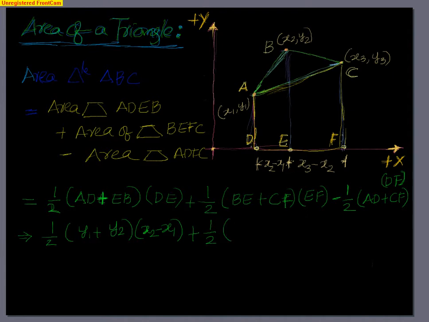BE is nothing but the vertical distance of x2 y2, that's y2, plus what is CF? CF is the y coordinate of x3 y3, that is y3, into EF.